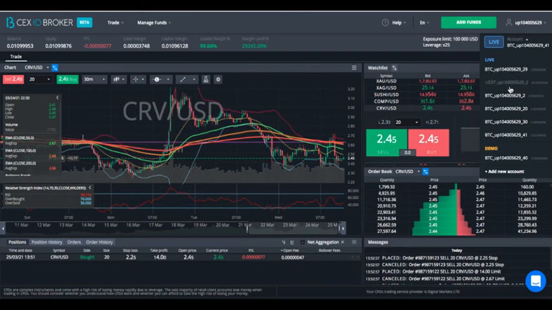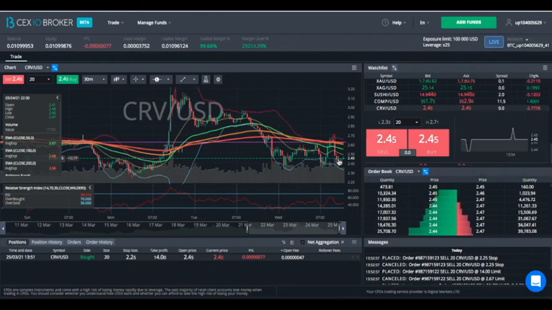In each one of these accounts, I can put, let's say, 0.01 or 0.5 Bitcoin, whatever I want to put in each of these pairs. I can do that. And then the trade will only be happening within that account itself. So in this current account, this is how much I have.